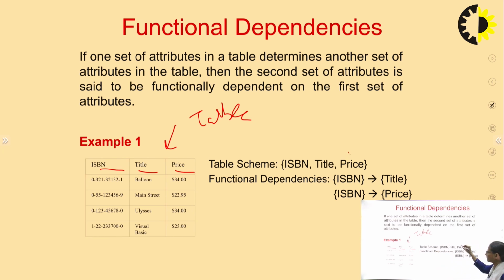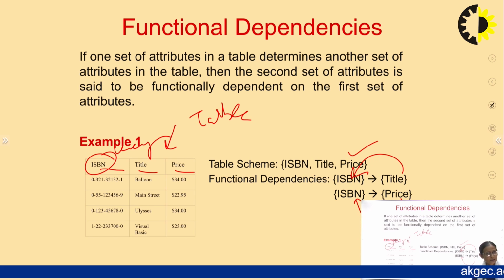This is our schema where ISBN acts as a key, and if I try to find the dependencies in this schema, then the title is functionally dependent on ISBN. Similarly, price is also functionally dependent on ISBN number.